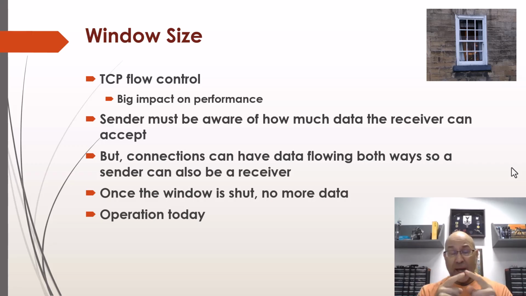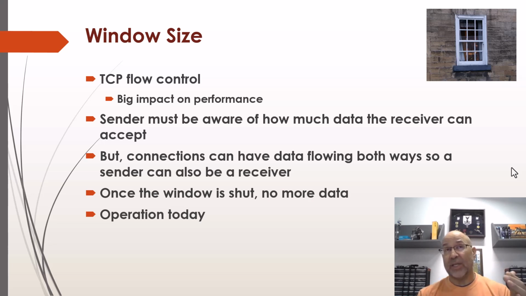So each side sends a window size during the handshake. Now, this can change over the course of a conversation, but it has a big impact on performance because we can adjust the window size. And so when a client says to a server, here's my window size, the sender, the server in this case, sends data down, it keeps track of how big the client's window size is.